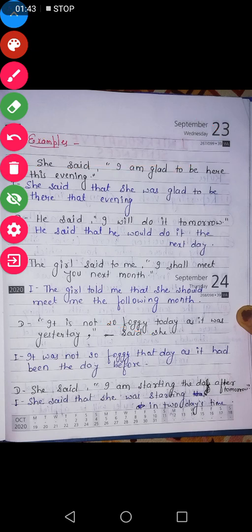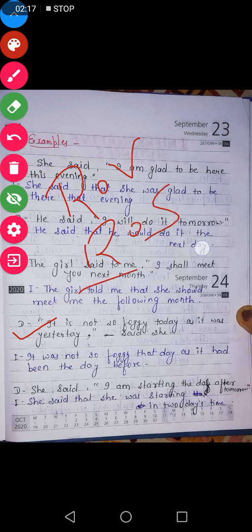See, I was talking about this sentence. You have to keep in front of you the PDF that I have sent you, and then you will understand it better. "It is not so foggy today as it was yesterday," said she. Now, students, till now, whatever sentences we were discussing were written in this way: first a reporting verb, and then reported speech, right?